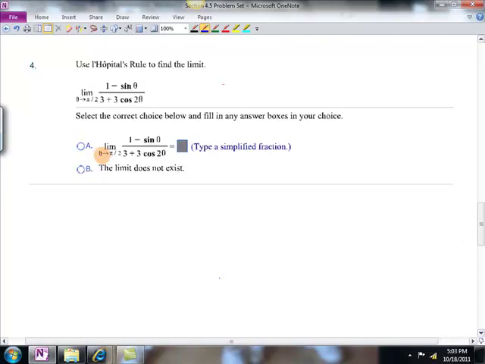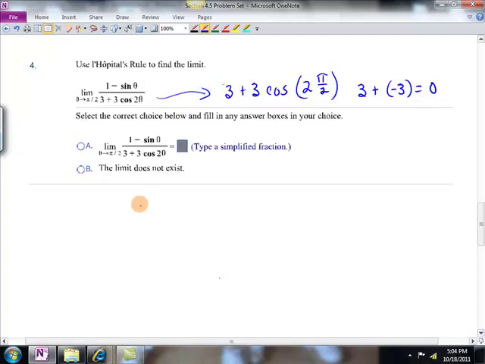So if we are going to let theta go to pi over 2, we would have 3 plus 3 cosine 2 times pi over 2, which would be cosine of pi. Cosine of pi is negative 1, so you would have 3 plus a negative 3, which would be 0 on the bottom. So we can't do that. We will have to use the rule.